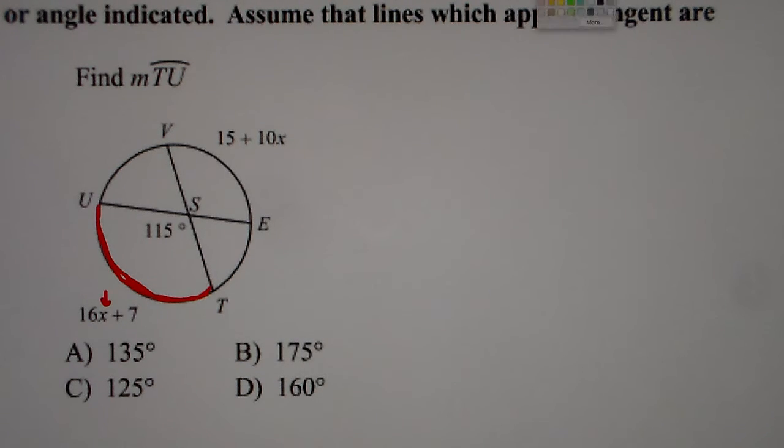So we're going to do the same procedure that we've been doing. We know the red arc plus the blue arc, divided by 2, is equal to that orange angle in between that's created by the two chords. So the blue one plus the red one divided by 2.